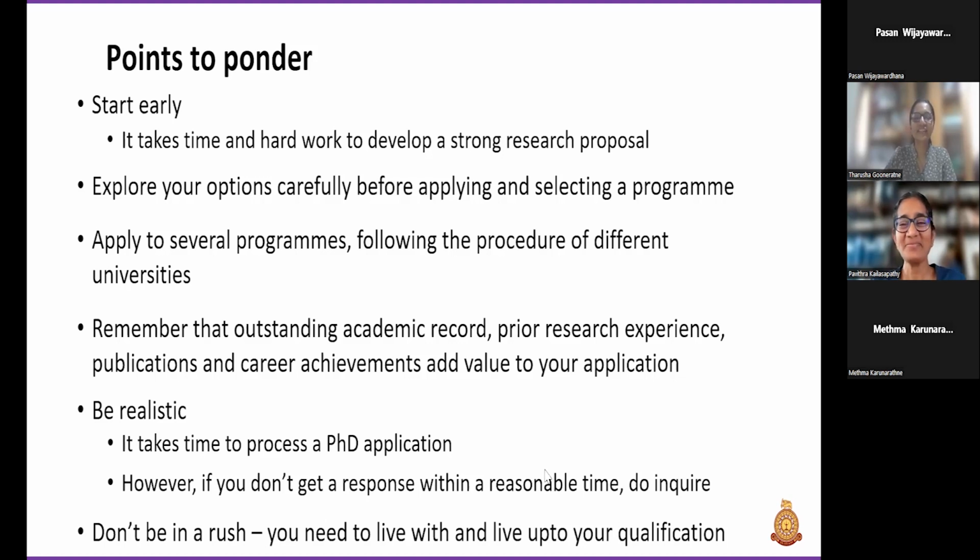When we are developing our research proposal and we pick an area or a topic, is it okay to focus on an empirical gap in our context, like the Sri Lankan context?